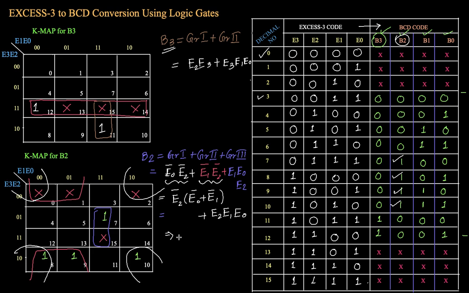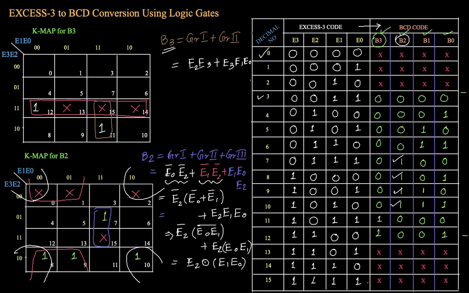Then E0 bar plus E1 bar we can write as E0 E1 whole bar, plus E2 times E1 E0. Now it becomes easier, so we can take E2 XOR, it is not XOR, it is XNOR of E1 and E0. This is your expression for B2.